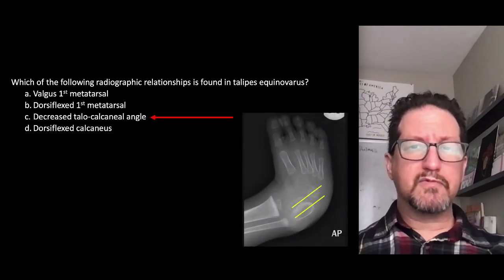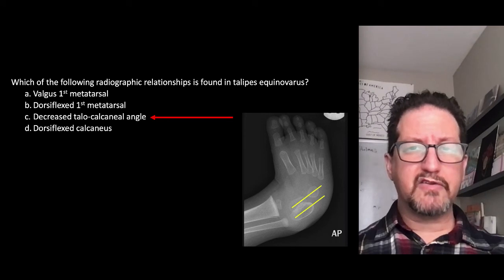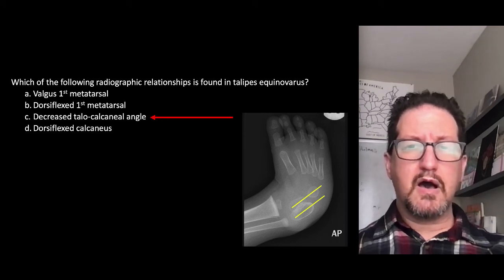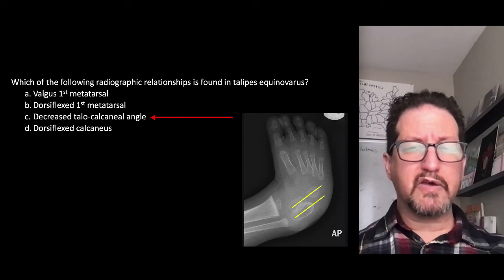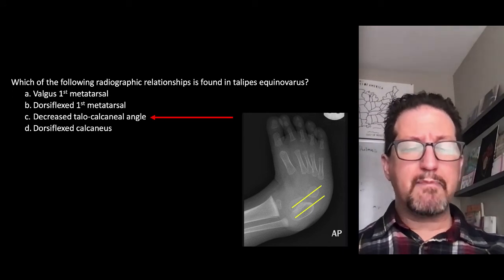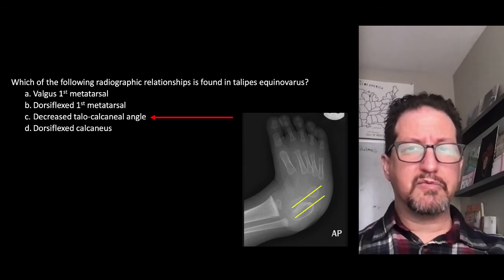Now here's an X-ray to kind of show what that looks like. You can see that the calcaneus and the talus are both bisected with two lines, and they are parallel. So this has a talocalcaneal angle of 0. That parallel position is classic for Talipes equinovarus.